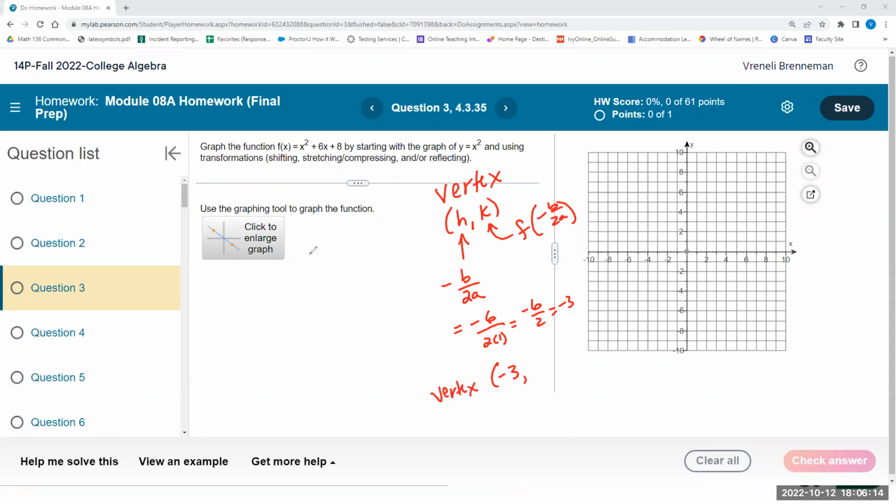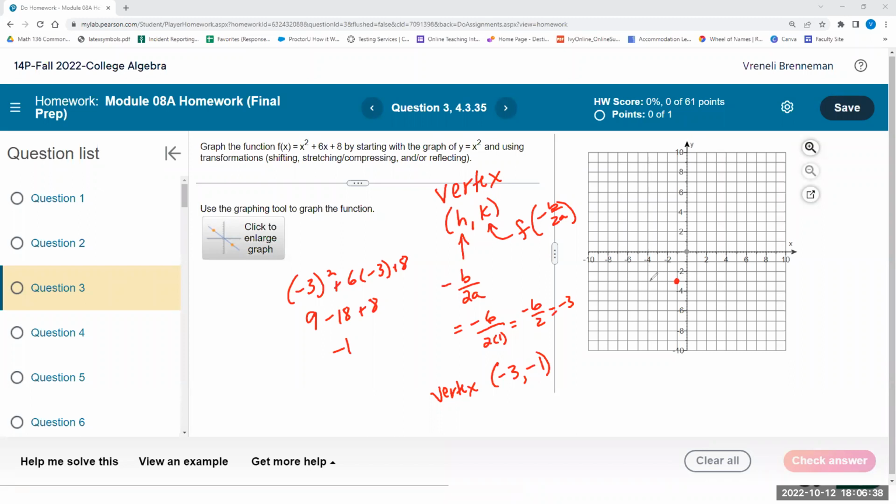So negative 3 squared plus 6 times negative 3 plus 8 is 9 minus 18 plus 8, which is negative 1. So we have the point (-3, -1) for the vertex.